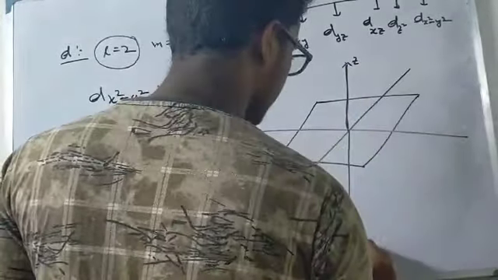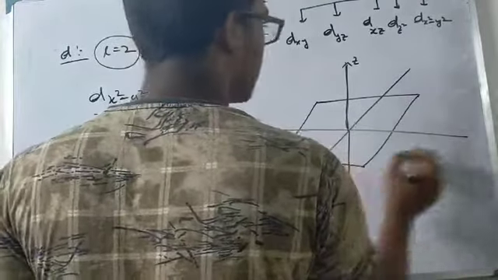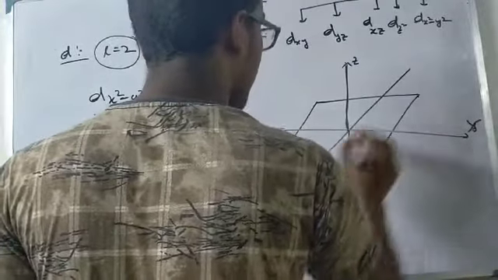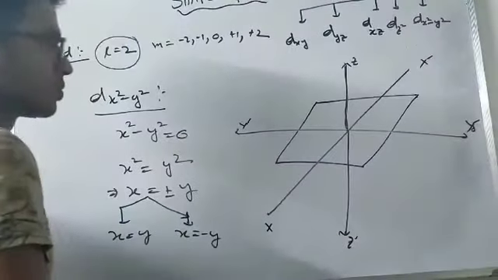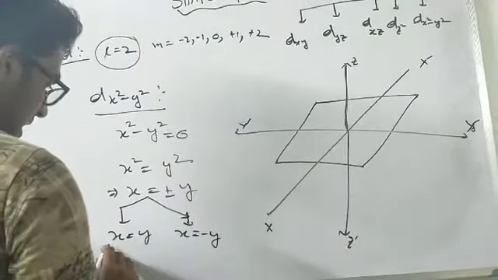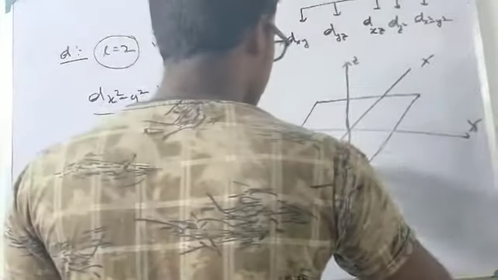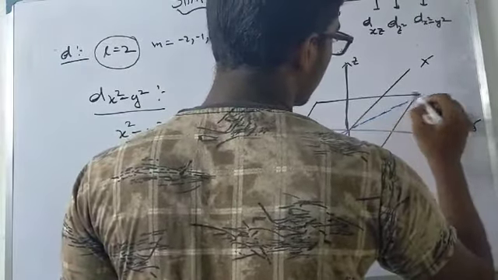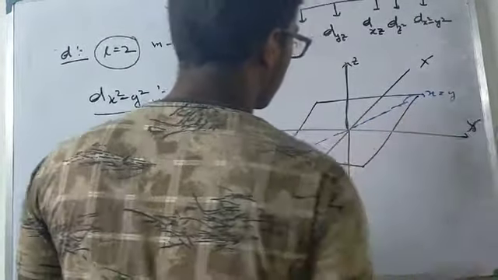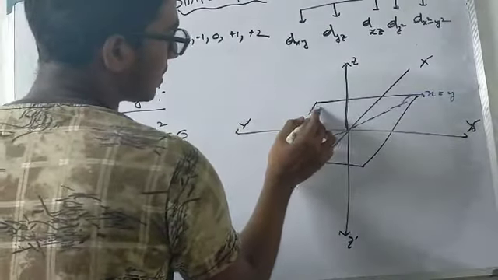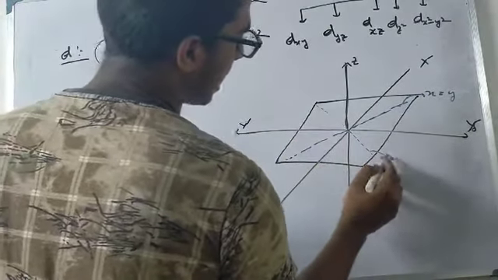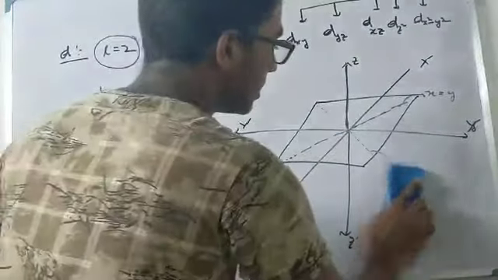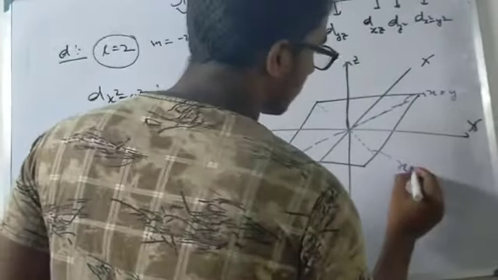This is my z axis, this is my y axis, this is my x axis. x equals y means this represents this straight line. And x equals minus y, so that means this represents this other line. I will write it clearly: x equals minus y.